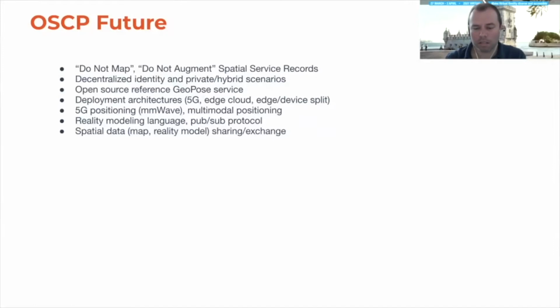It turns out that with 5G millimeter wave, it's theoretically possible to get very precise position and orientation information through trilateration type schemes. The standards around this are still evolving and not quite available in the real world yet, but we expect to be seeing them over the next few years.